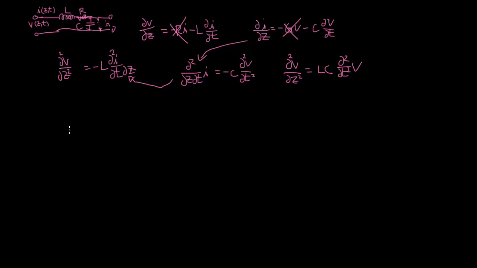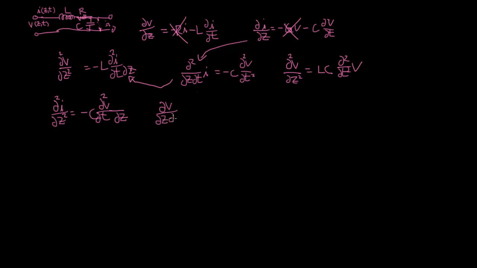And similarly, we can pull the same trick with the current. If we start with the equation di/dz is equal to minus C dV/dt, we're going to change this into a second derivative with respect to z. So that gives us this d squared/dt dz. Well, if we just take this and add a d/dt, we can have something nice that we can substitute.